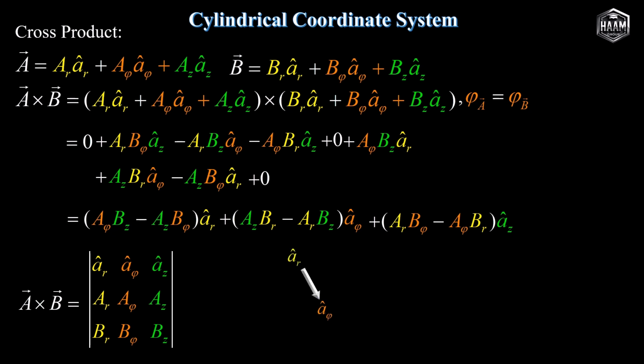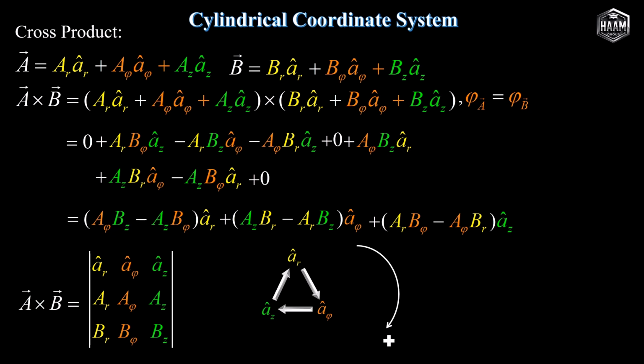We can also utilize a right-hand cycle permutation diagram to determine the cross product. Moving in the positive cycle direction yields a positive result, specifically taking the cross product of unit vector A hat sub r with unit vector A hat sub phi yields positive unit vector A hat sub z. The cross product of unit vector A hat sub phi with unit vector A hat sub z yields positive unit vector A hat sub r.